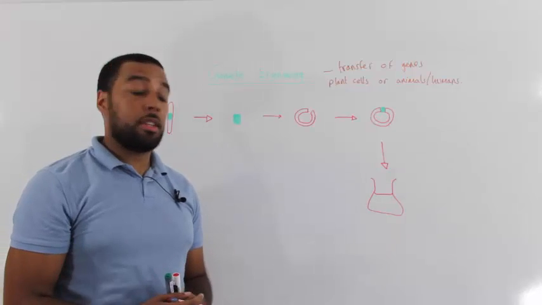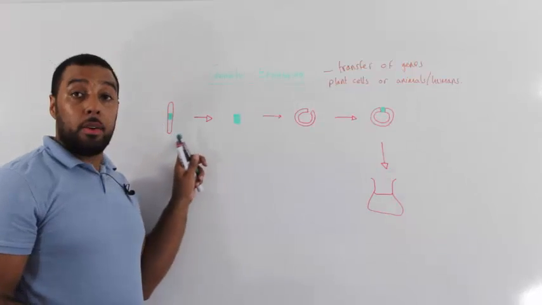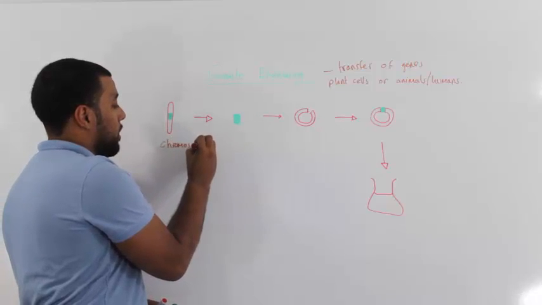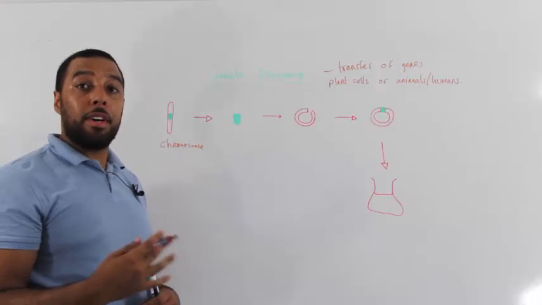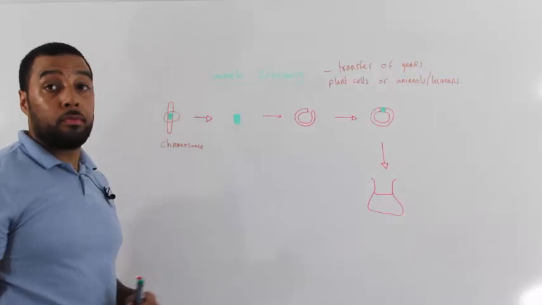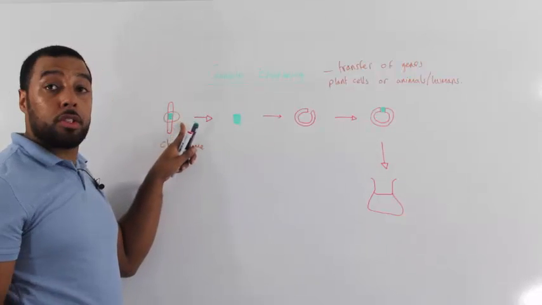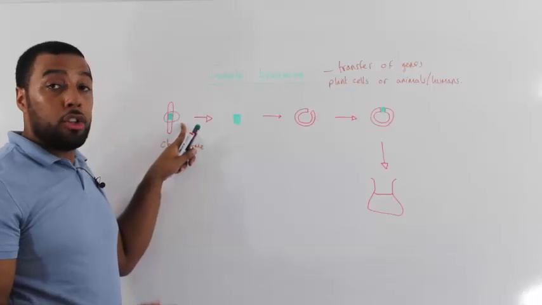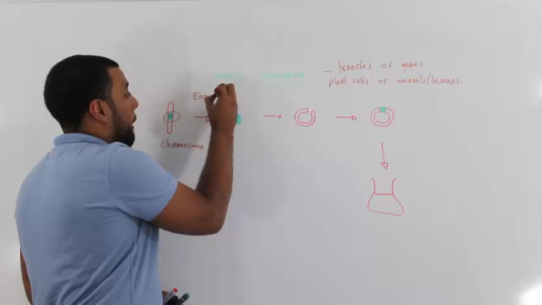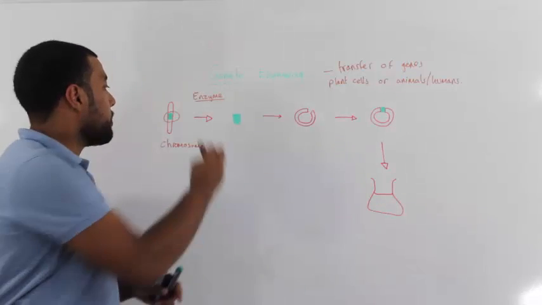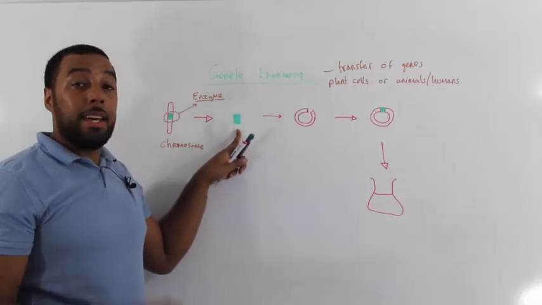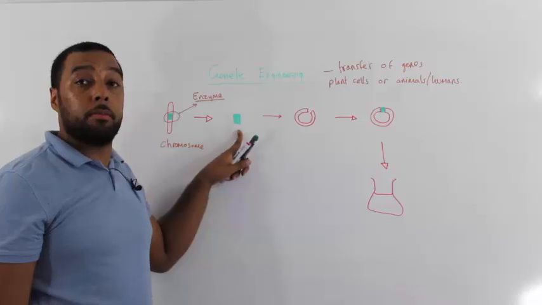I'm going to show you how this process works, because let's say we have a chromosome and the gene for insulin production is here. Well, we can cut that gene out using an enzyme. You can see here that we've cut out our insulin producing gene.